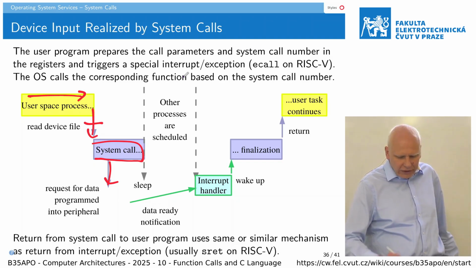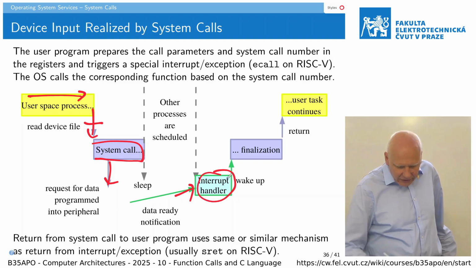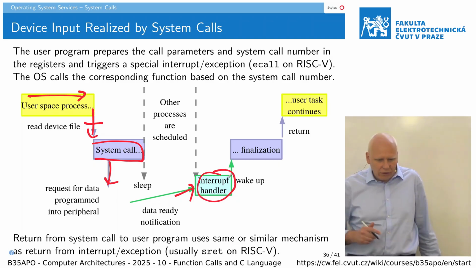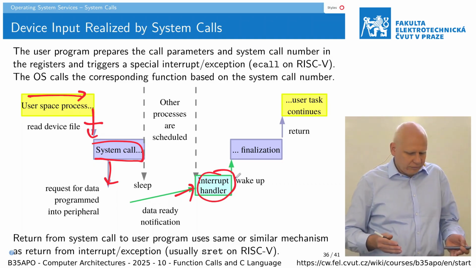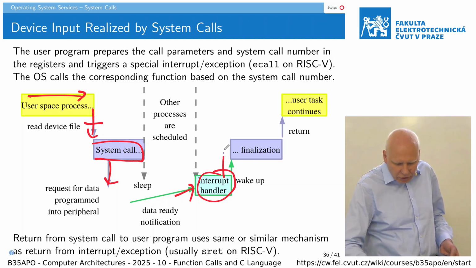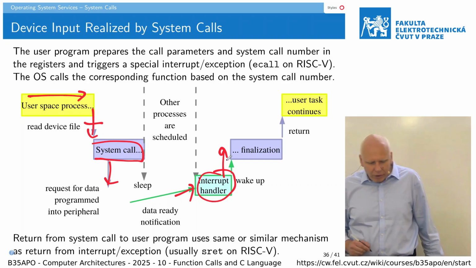Then, when the interrupt from the device arrives, the interrupt handler, at yet another elevated level on the stack, processes the request from the peripheral. Usually it stores the data somewhere in kernel memory.